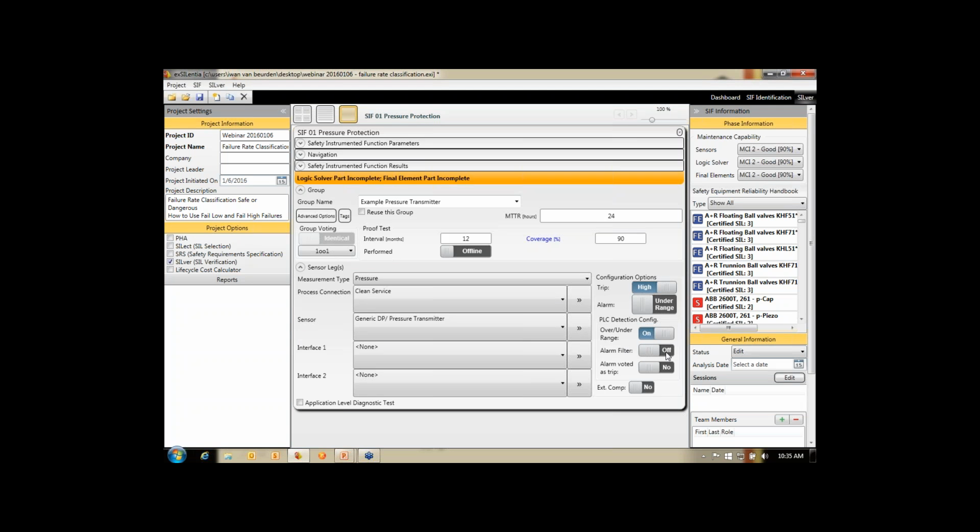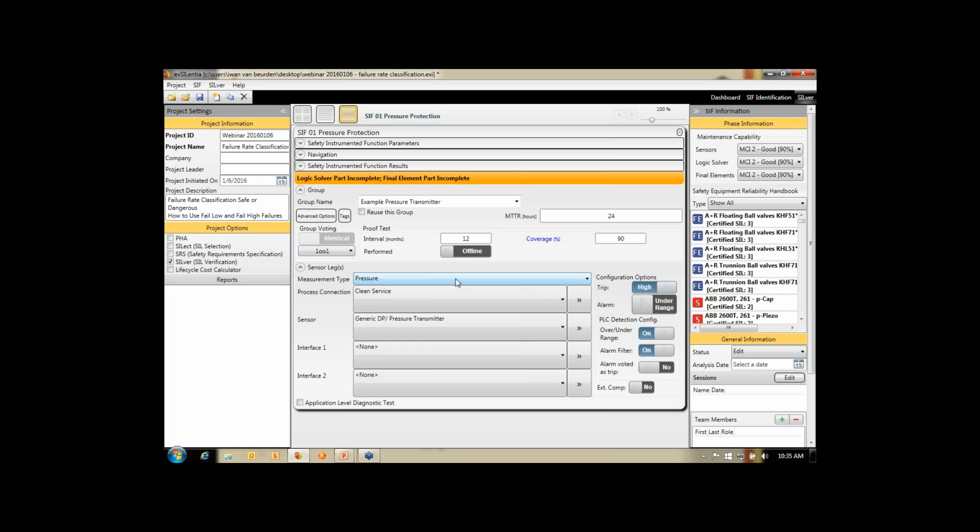So the next step that we can consider is, do we have a trip delay? Yes or no? And if I say yes, we have a trip delay, so we say the alarm filter is on, basically what we're doing is we're getting a request for trip from the fail high failures, but instead of immediately tripping, we are waiting to make sure that this is a true request for trip, and then we transition to the safe state only if that is a true request for a transition to that safe state.